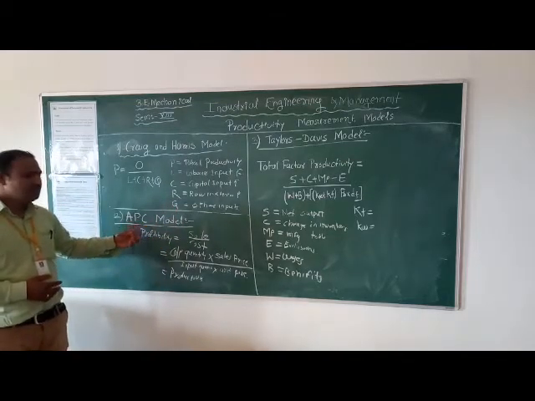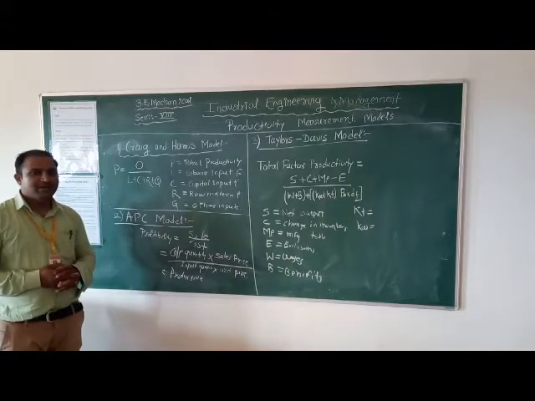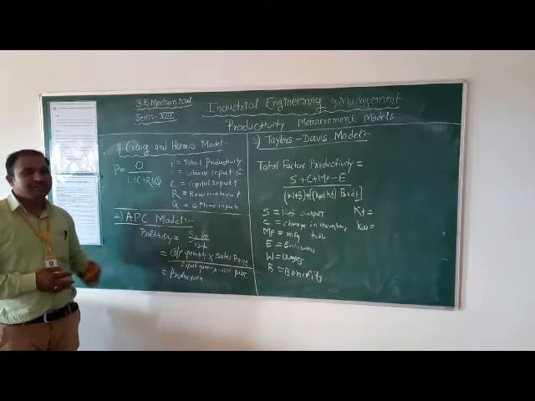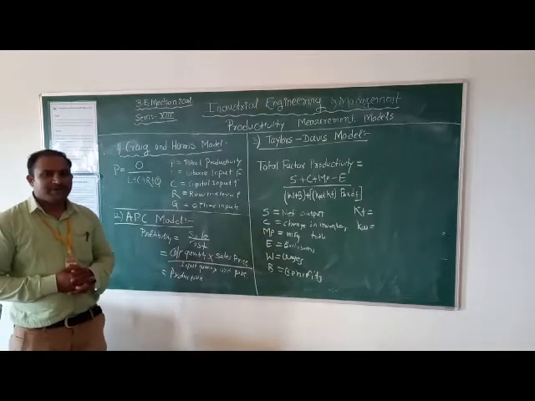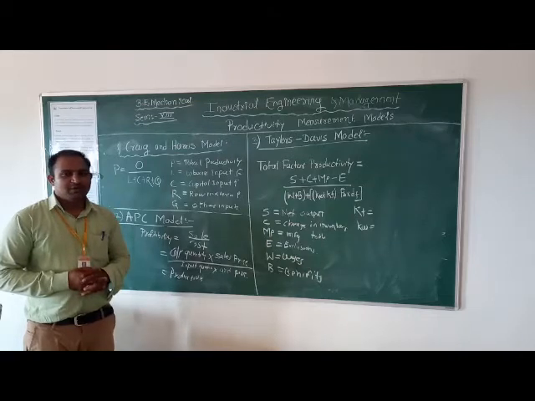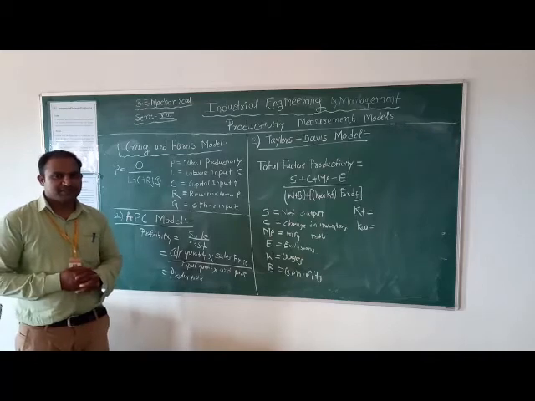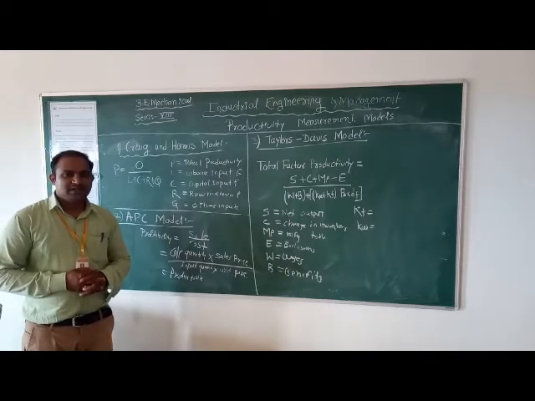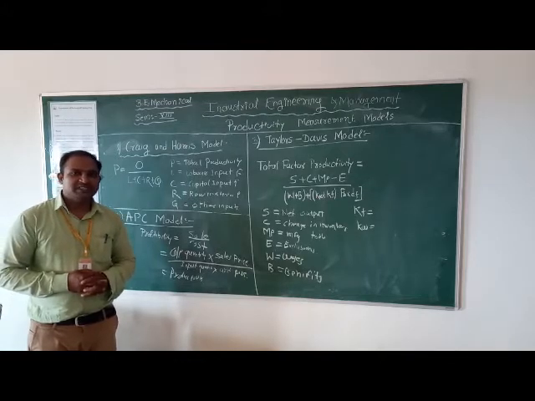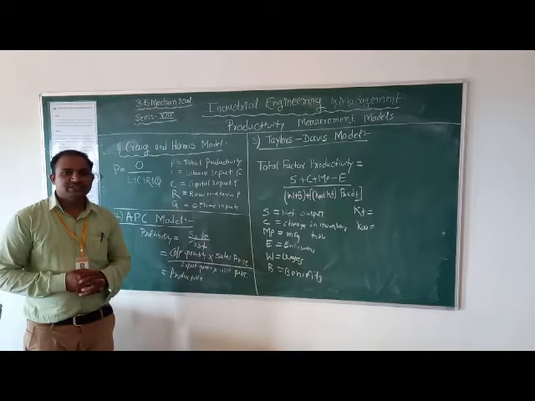Then the APC model. The long form of APC is the American Productivity Model. In the American Productivity Model, we compare the productivity with profitability. Profitability is the ratio of sales to the cost, where sales are the total output quantity times the sales price, and the cost is the total input quantities times their unit production price.